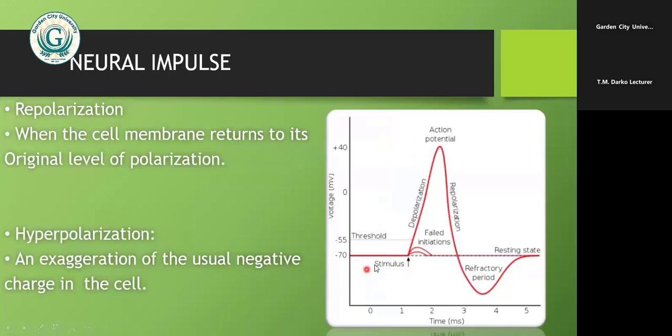Good. Now, sodium ions begin to enter into the cell, changing the cell membrane potential from negativity to positivity. So your graph then begins to incline to move upwards. So you've seen that the graph is moving upwards.